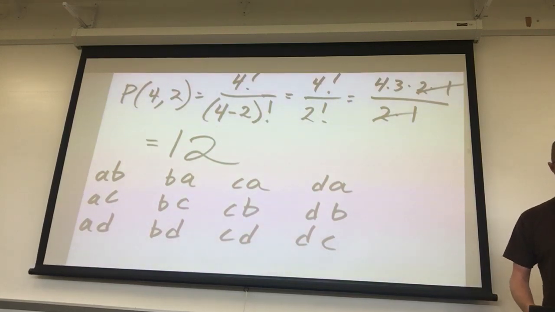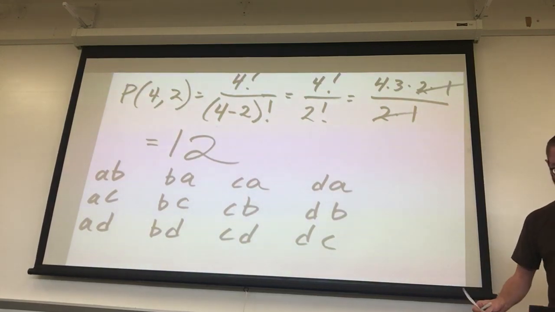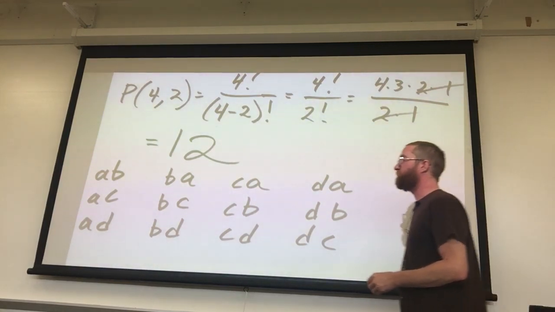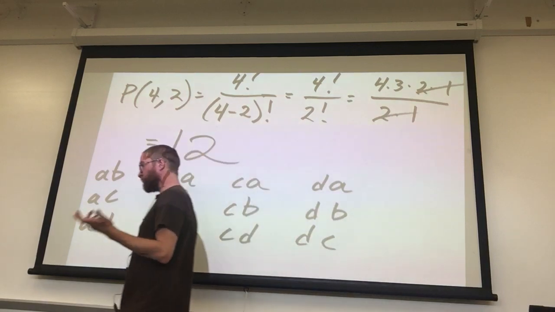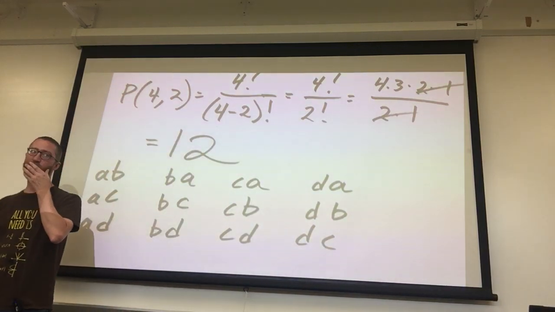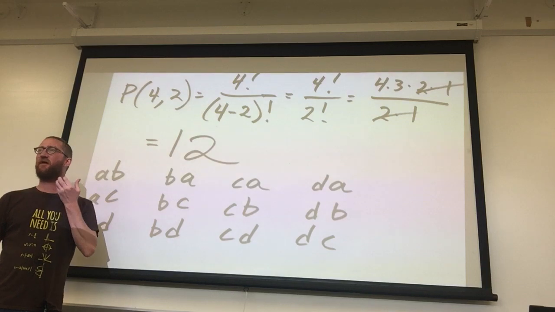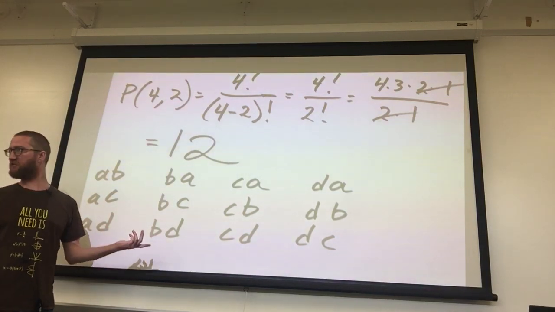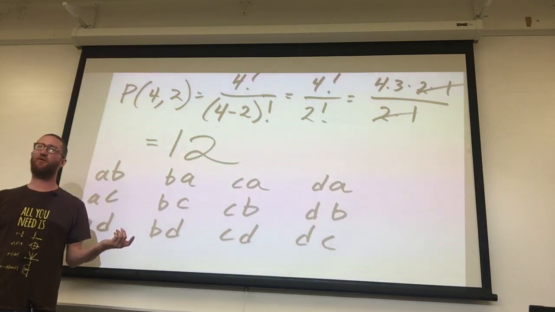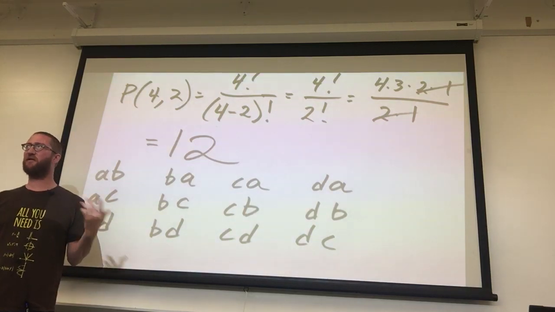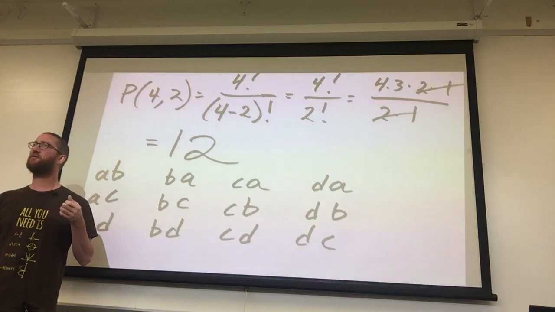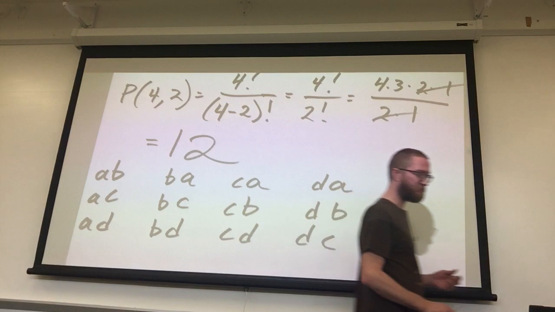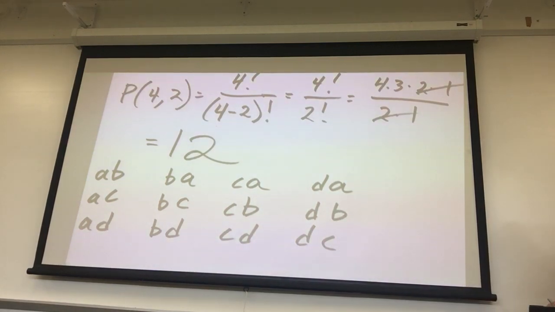Okay, so let's say we want to consider a problem where order doesn't matter. So instead of talking about ordered permutations in this case, what we're going to refer to it as is actually subsets where order does not matter.